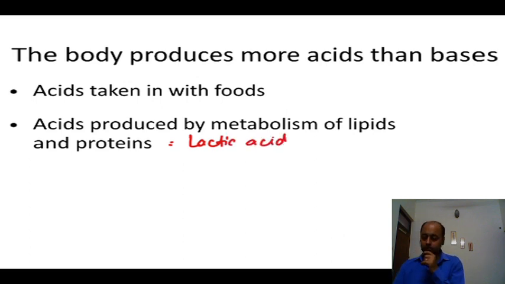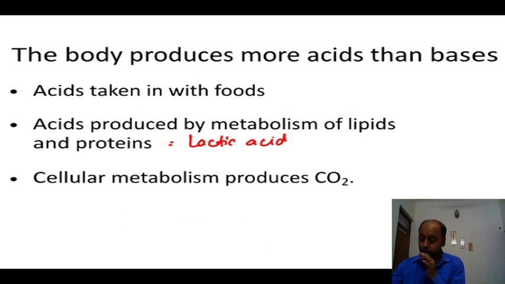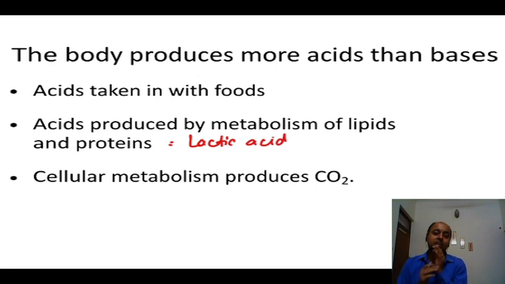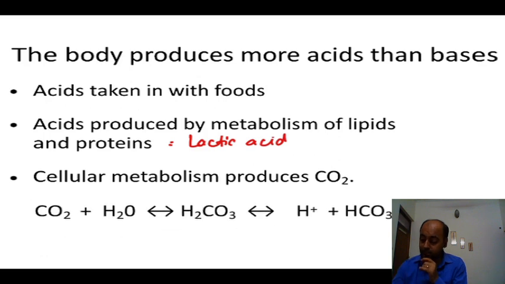All right, so a lot of acids are being produced in the body. And lastly, most importantly, no matter what substance is metabolized in the body, you know that the end product is going to be CO2, and CO2 itself gives rise to one of the important acids in the body, and that is the bicarbonate.